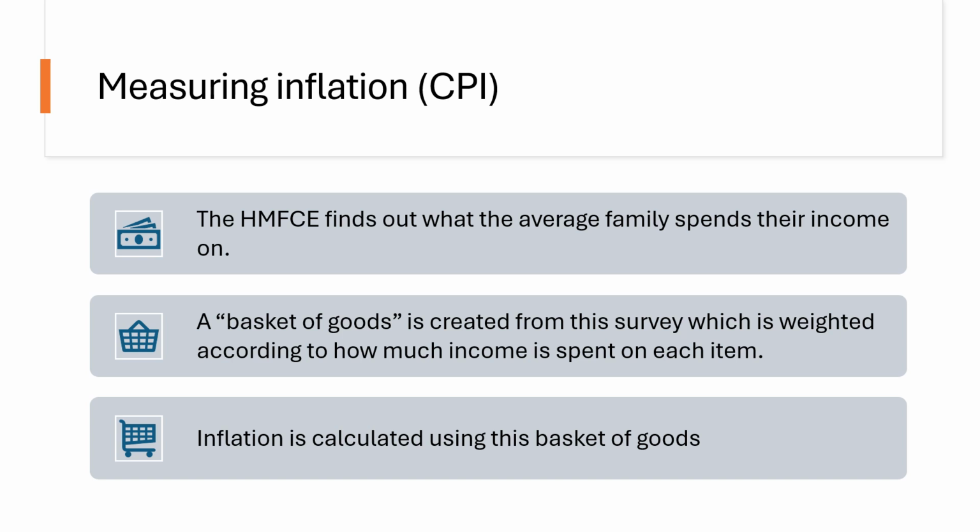So effectively, a survey is put out, families tell this survey what they spend their money on on average, then the basket of goods is created, which is weighted based on how much money each family spends on each item, and then inflation is calculated from this weighted basket of goods.